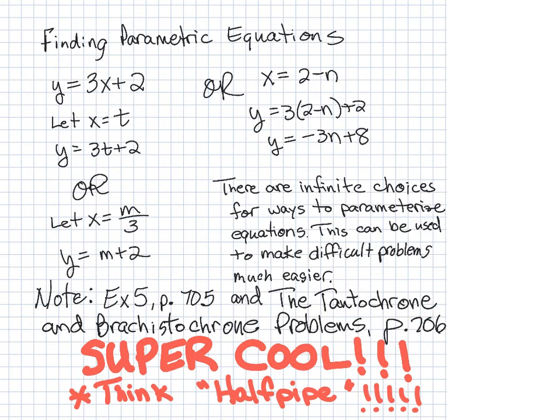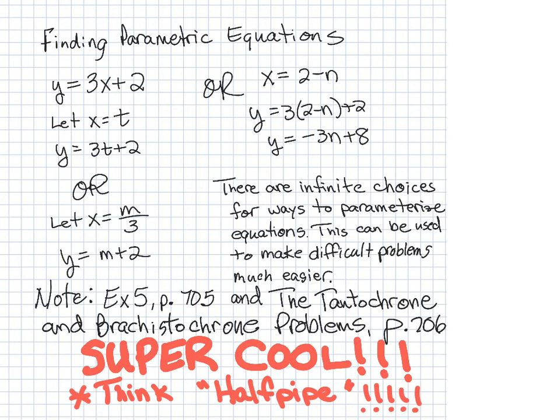And if you guys are into skateboarding or snowboarding, stuff like that, think half pipe. If the half pipe is shaped like a cycloid, then no matter where you drop into the half pipe, you're on the fastest path to the bottom because of gravity.